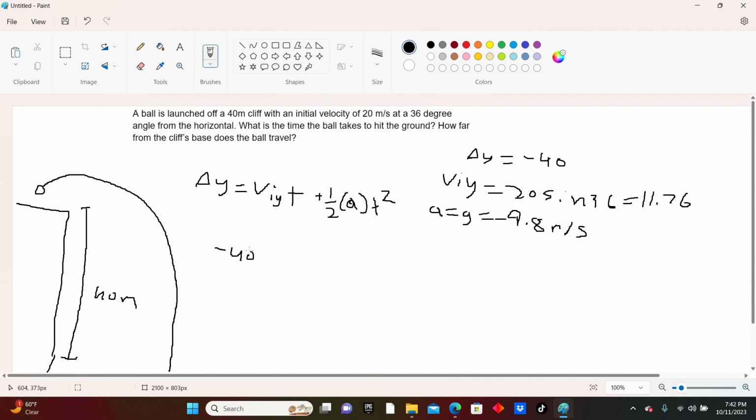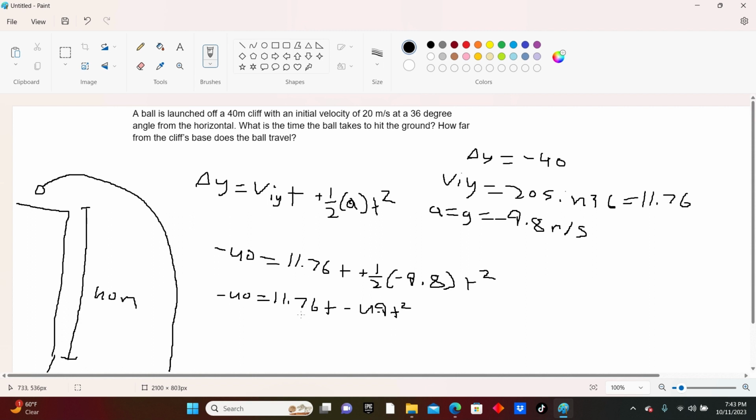So negative 40 equals 11.76 t plus 1/2 times negative 9.8 t squared, and this simplifies to negative 40 equals 11.76 t minus 4.9 t squared.